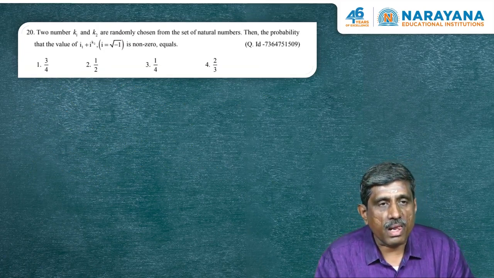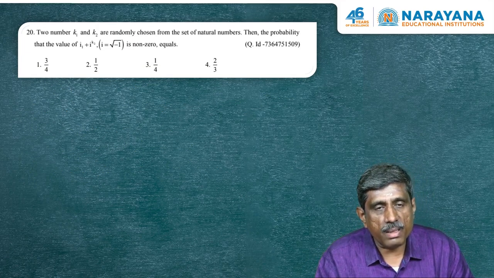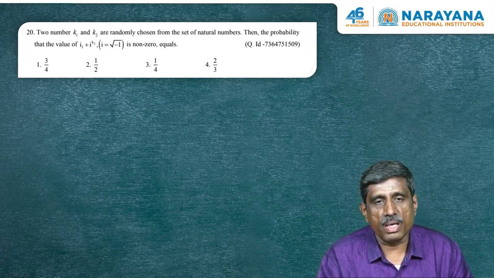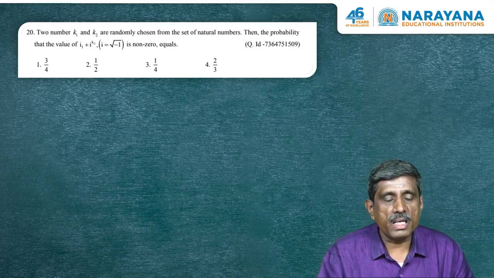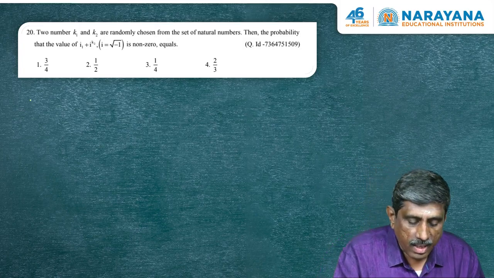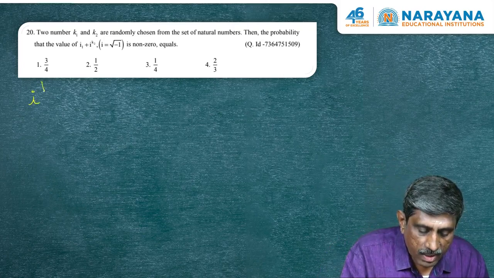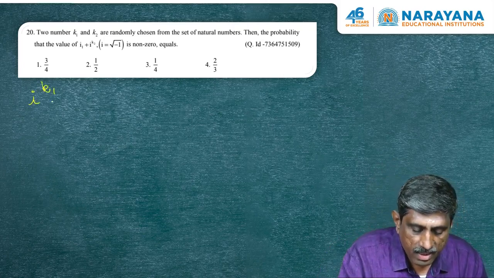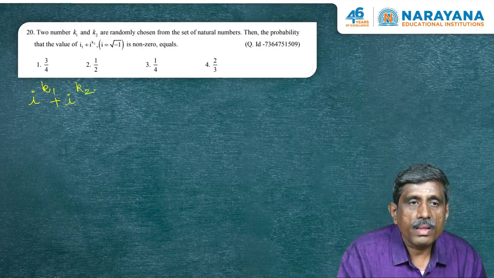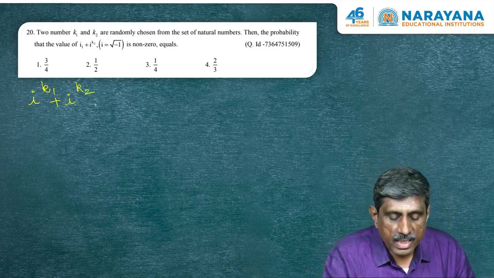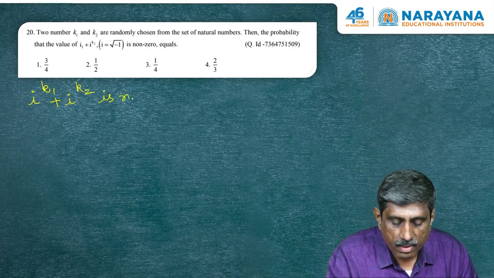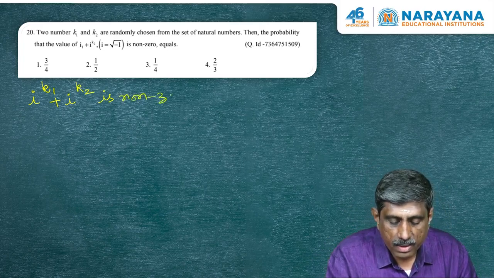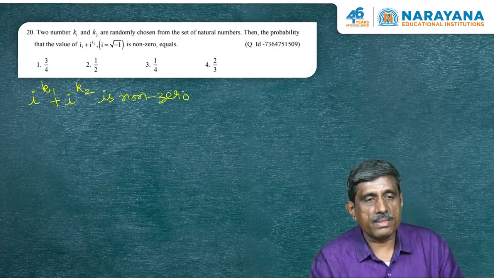Two numbers k1 and k2 are randomly chosen from the set of all natural numbers. The probability that the value i power k1, there is a small printing mistake here, plus i power k2, we have to identify is non-zero. Carefully follow this.